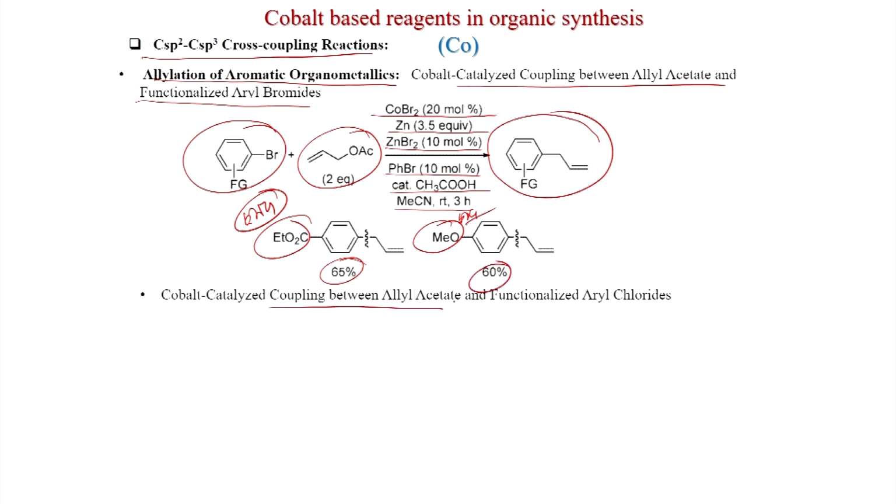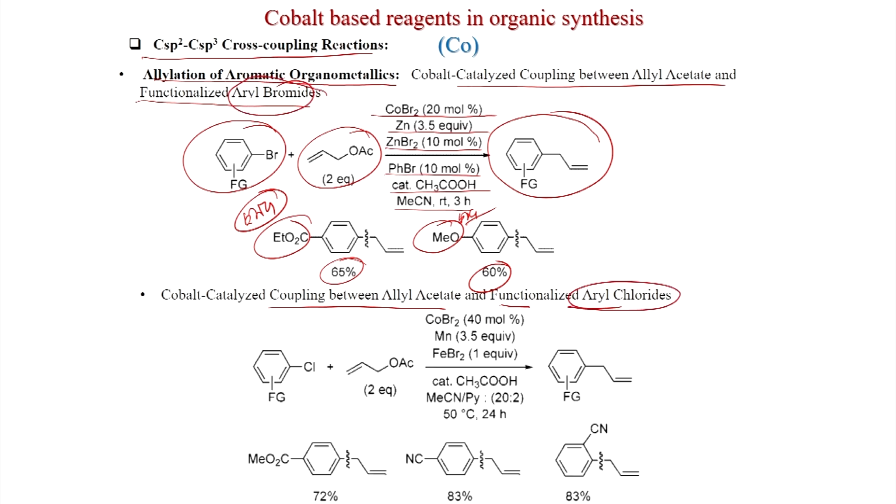Now, if you use allyl acetate and functionalized aryl chloride. So, earlier we have seen aryl bromide, these are aryl chloride now. So, with aryl chloride, similar condition, you can use cobalt bromide 40 mole percent, manganese 3.5 equivalent, instead of zinc now here manganese, and instead of zinc bromide here you have to use ferrous bromide 1 equivalent, catalytic acetic acid, MEC and pyridine 20:2, 50 degree centigrade 24 hours, you get this same product.